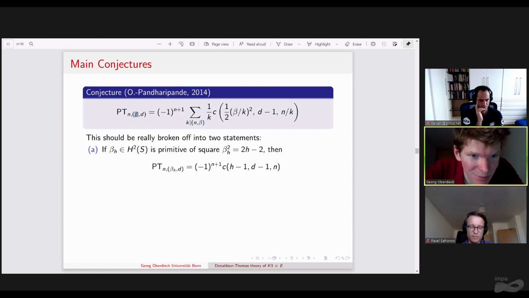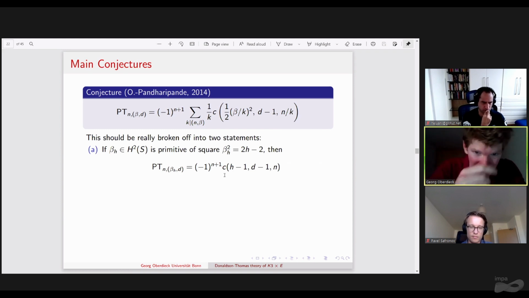The first statement is that we first take this beta class to be primitive. So let's take this to be a primitive curve class. Then you fix the square, and the statement above just reduces, and this k would be 1. It reduces to the fact that this Donaldson-Thomas invariant is, up to a given sign, exactly this Fourier coefficient of this 1 over chi10.